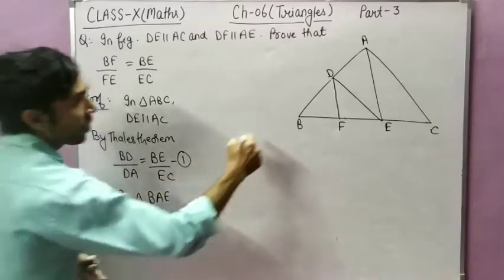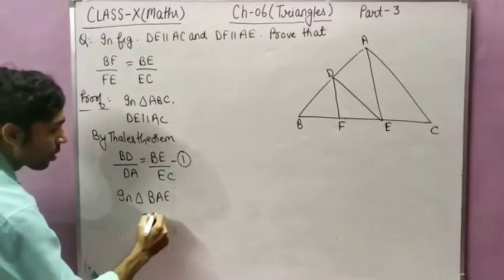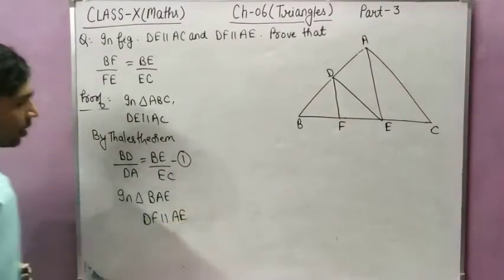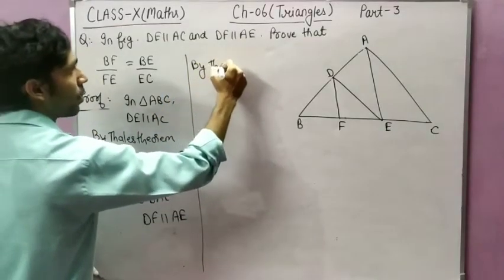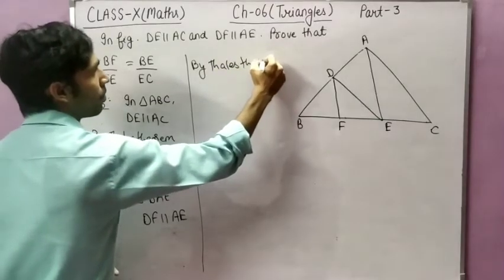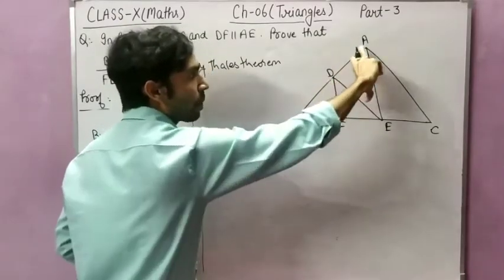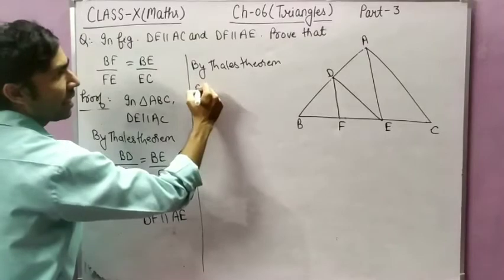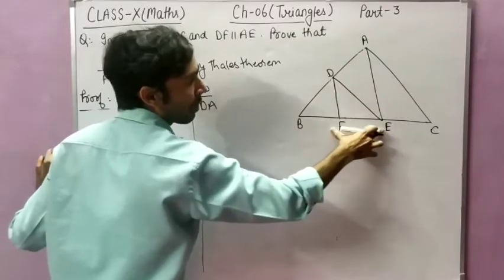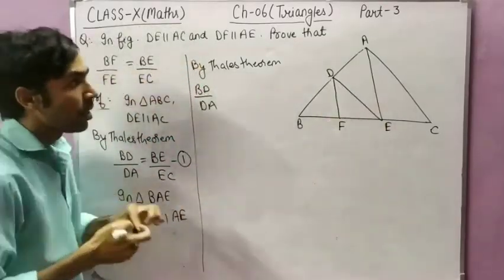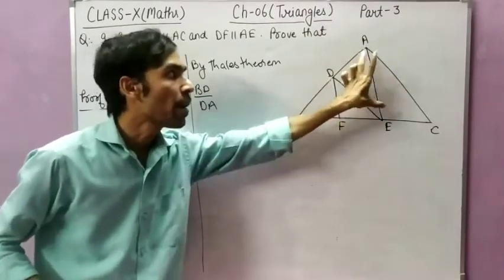See, in triangle BAE, DF is parallel to AE. ठीक है, so again student, again by Thales theorem, in this triangle BAE, DF is parallel to AE, so it means that BD upon DA will be equal to BF upon FE for this triangle, because in triangle ABE this DF is parallel to AE.